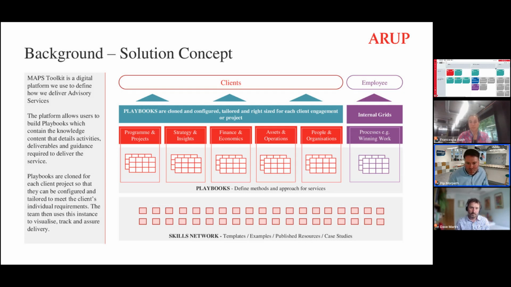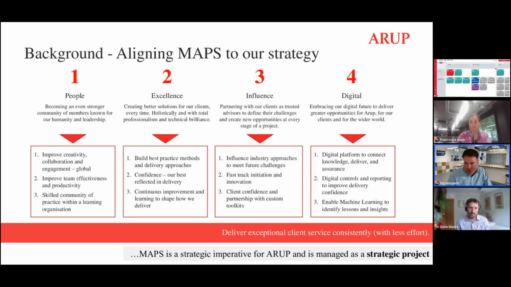Cool. Right, so that's sort of background and context. Next one is probably, I think we covered this, didn't we, in the video? But yeah, it was just so that there is an overarching Arup strategy, which is refreshed I think every 5 years, but this is the current strategy that we're working to.